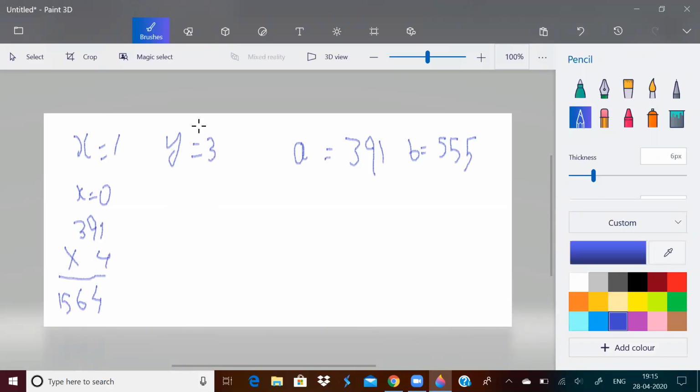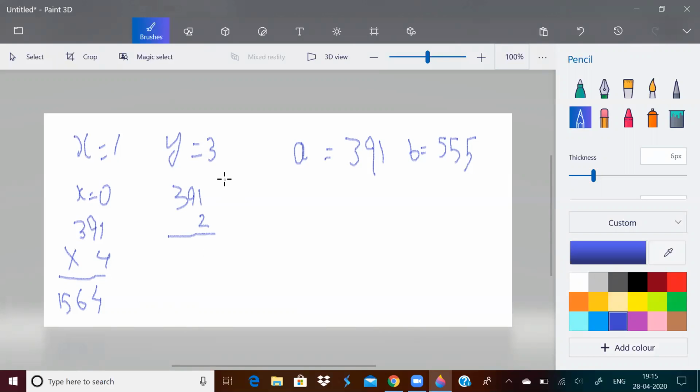But now let us do something else. Let us decrease y to 1. When I decrease y to 1, I have used 391 into 2, because I have done the first operation on y 2 times.